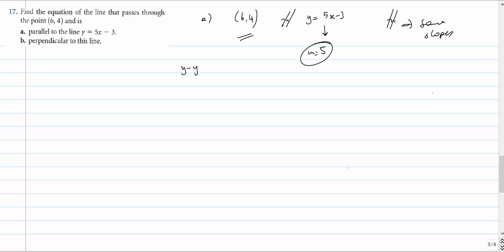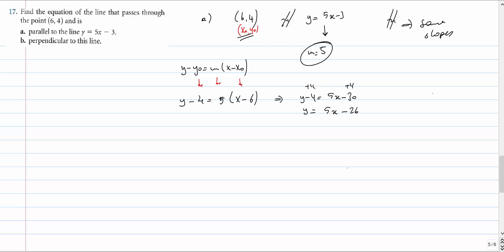If you use y minus y sub 0 equals m times x minus x sub 0, I know the point, I know the slope. Y minus 4, so my point is x sub 0, y sub 0 right there, slope is 5, x minus 6. So y minus 4 is 5x minus 30. So y is equal to, add 4, 5x minus 26, is the equation of the line parallel to this line that goes through this point.